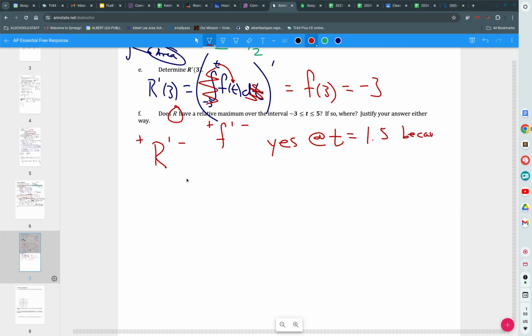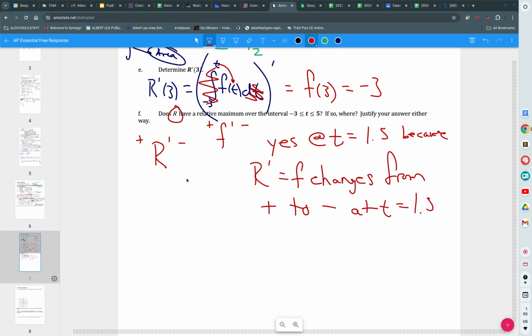Because R prime, which equals f, changes from positive to negative at t equals 1.5. So they would like you to identify that f is the derivative and it changes from positive to negative. Making the statement that it changes from positive to negative is absolutely critical in identifying a relative maximum.